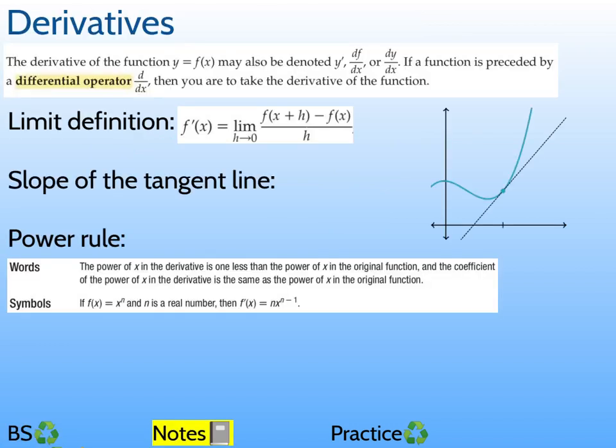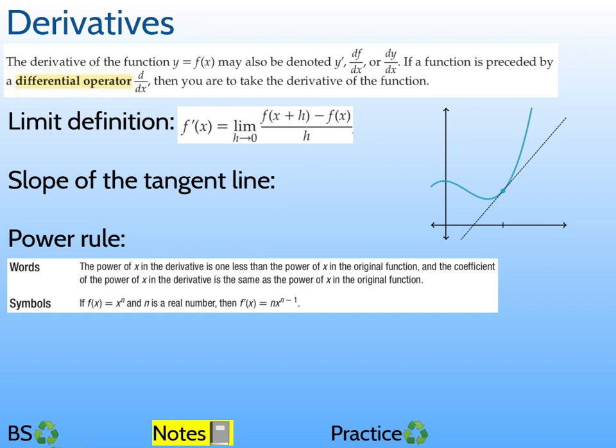Today we'll be looking at derivatives, and these are a wildly important topic in all of calculus. So there's a lot of different ways you may see derivatives listed. Like here, they could have a little prime next to the function name.